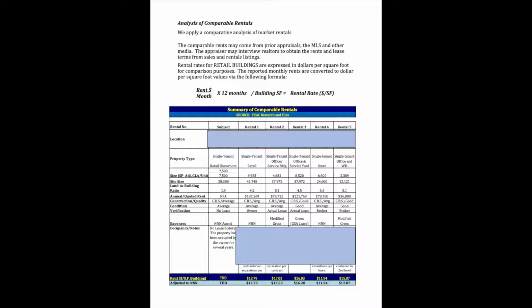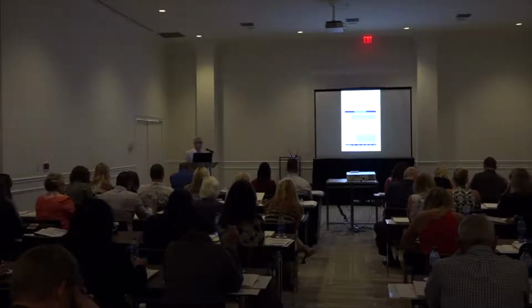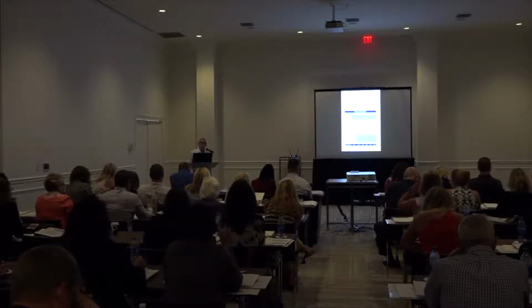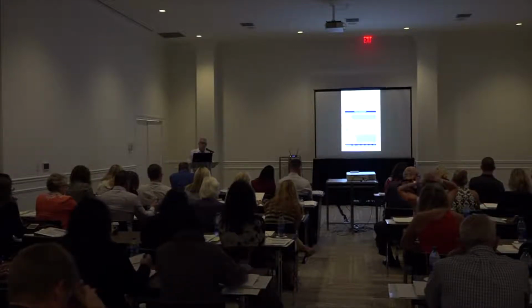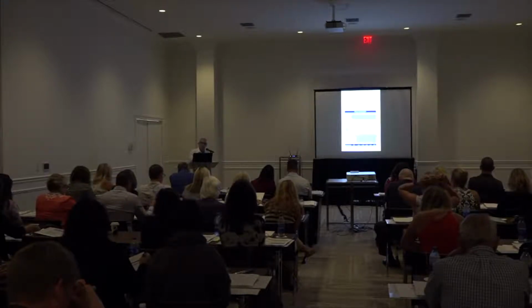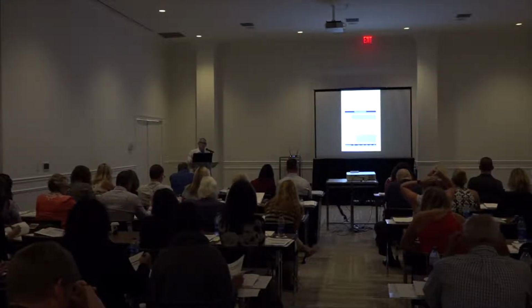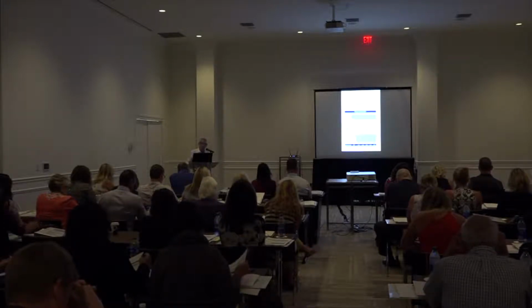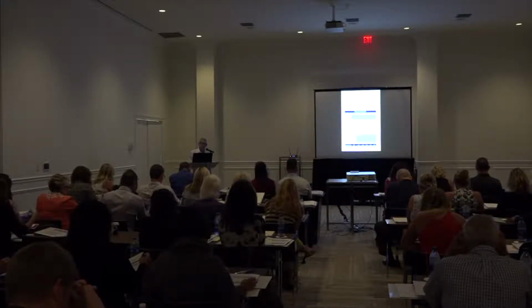As you can see, that's one of the typical grids that I would use in a report. We've got the subject and all of its data in one column, and then we have the 5 rental comps to the right of that. At the bottom of the grid, we've got 2 rows.